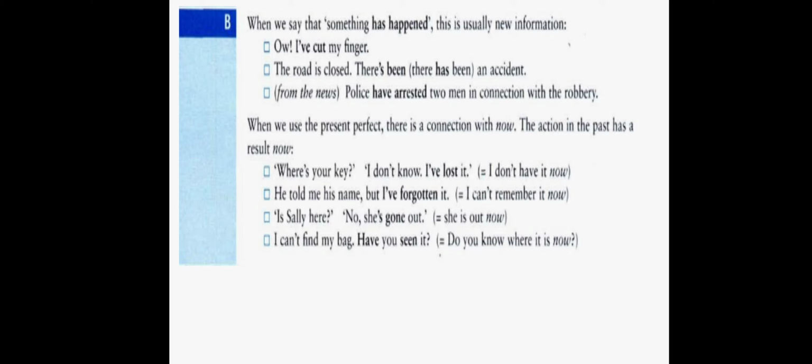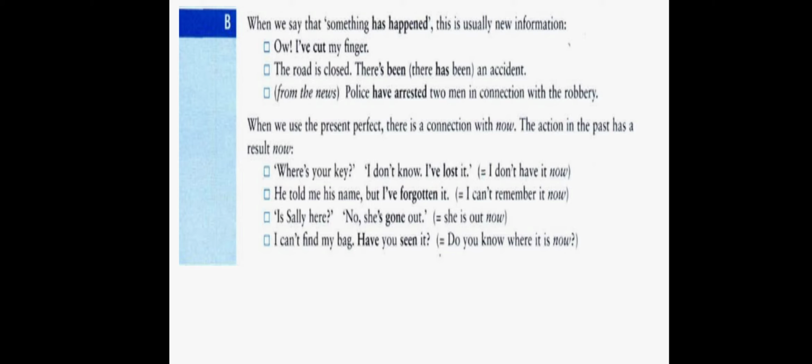Where is your key? One person asks another, where is your key? The other person says, I don't know. If you don't have your key and you lost it, then you say, I have lost it. It means he lost it some time ago, and still he doesn't have the key.